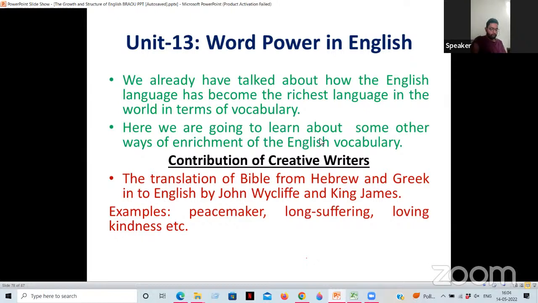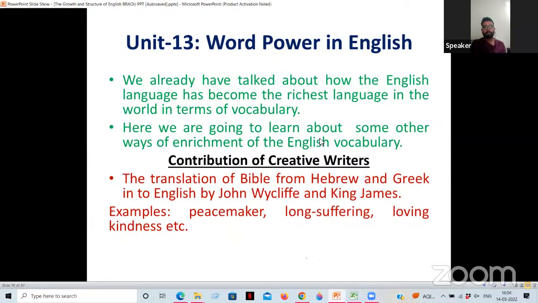So the first contribution is the translation of the Bible, which was first written in Hebrew, and then translated into Greek. When it was first translated into English, it was by John Wycliffe in, I think, 1382.